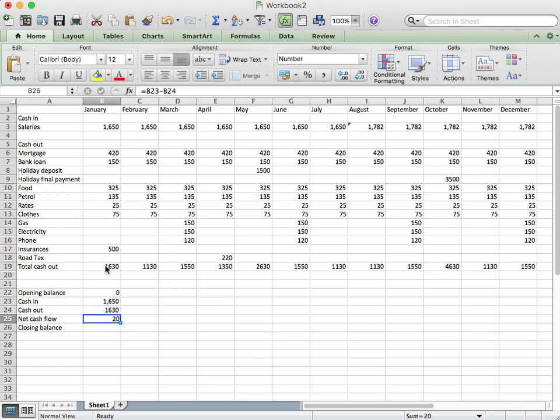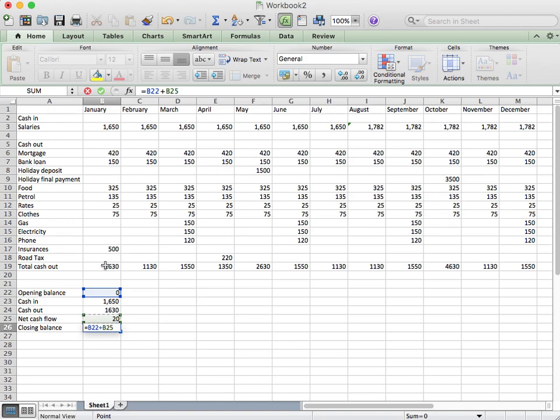And in this particular month, it shows it's a positive £20. So they're better off. And the closing balance equals the opening balance. Now what I could do here is plus the net cash flow, or I could say it is plus cash in minus cash out. Both will give us the same answer. So I'm just going to do it as plus the net cash flow.